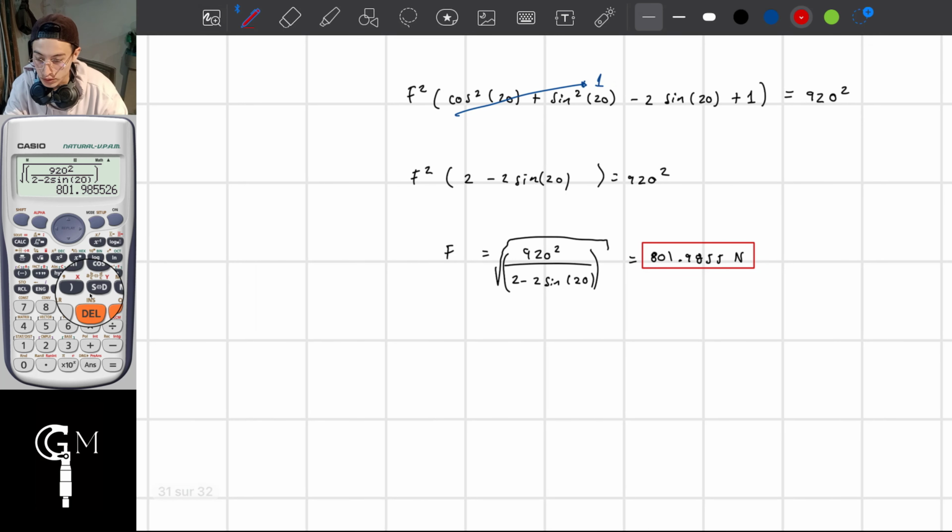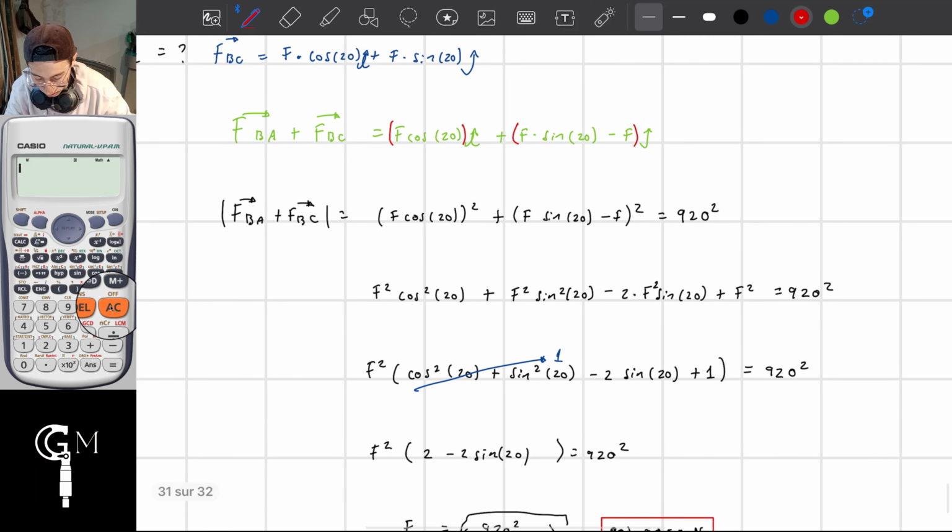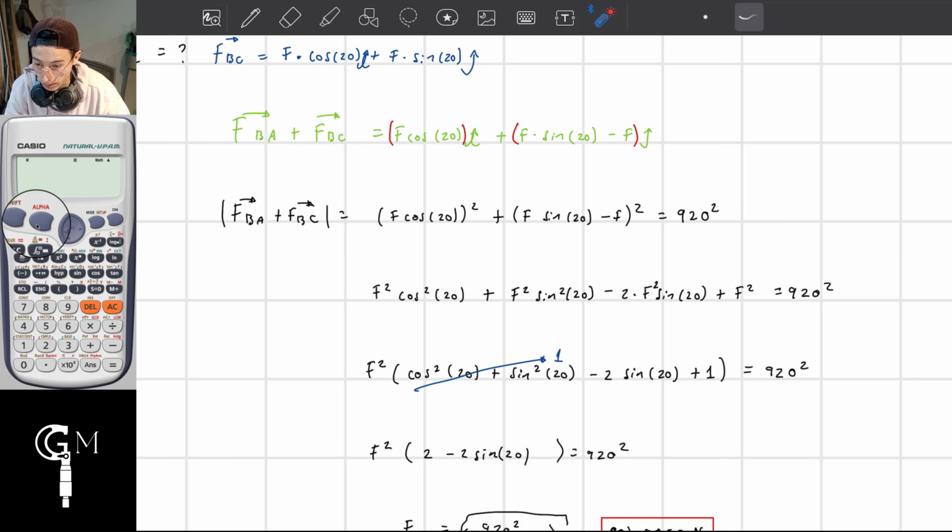Now we will double check that answer using the calculator, using our first equation, which was this one. So in the case of F, I'm going to call it F. So F times the cosine of 20, squared, plus F sine 20.